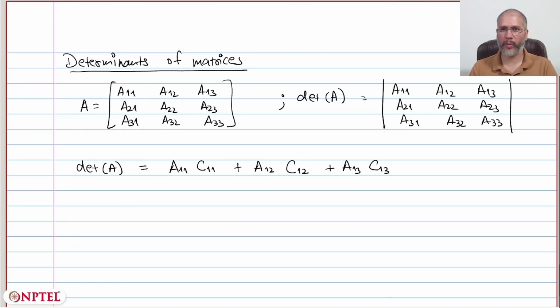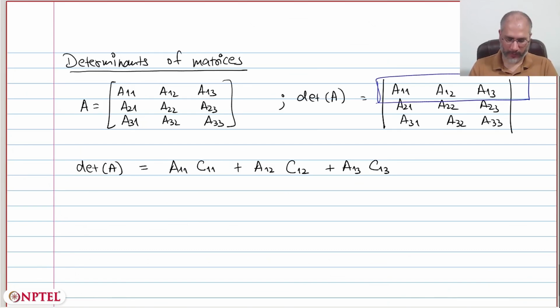So C11, C12 and C13 are cofactors of A. Again, we have chosen the first row of A to expand it, but you can also expand it over the first column or some other row or column.